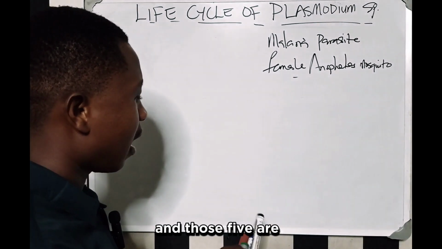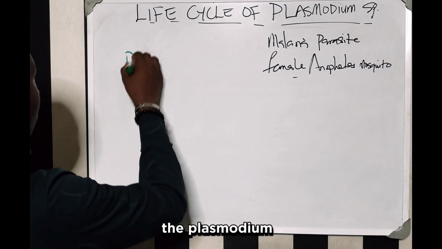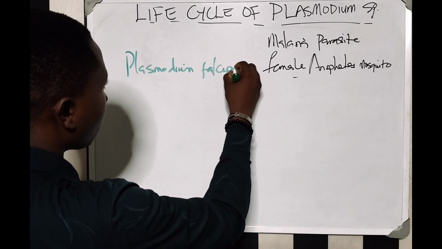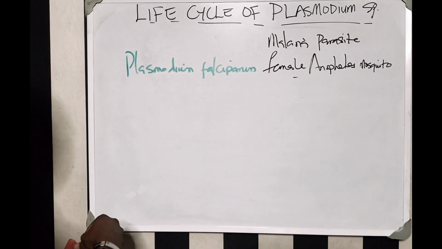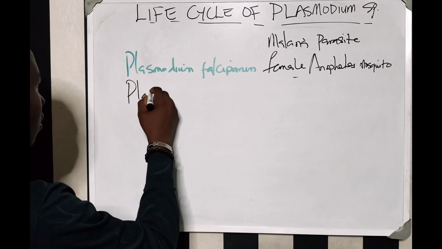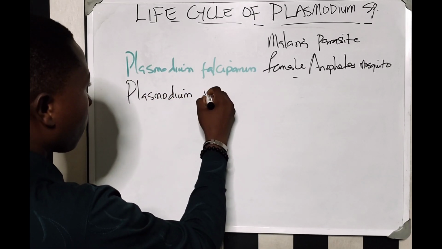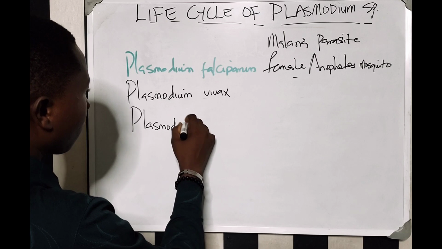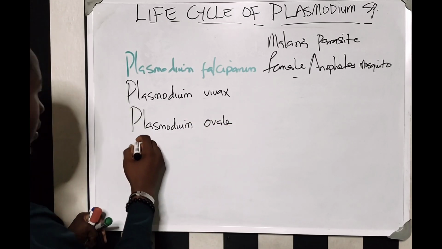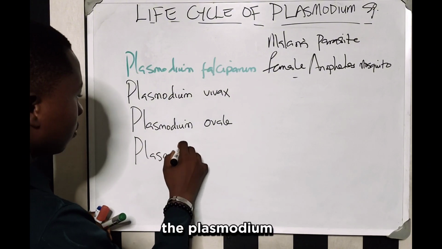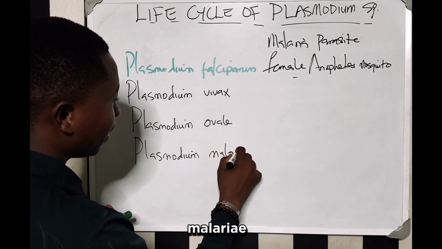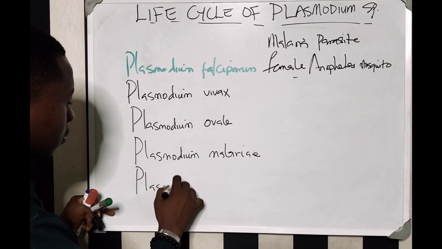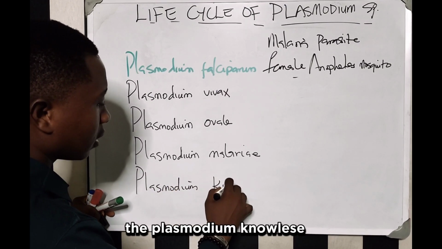And those 5 are the Plasmodium falciparum, the Plasmodium vivax, the Plasmodium ovale, the Plasmodium malariae, and the most recent one, the Plasmodium knowlesi.